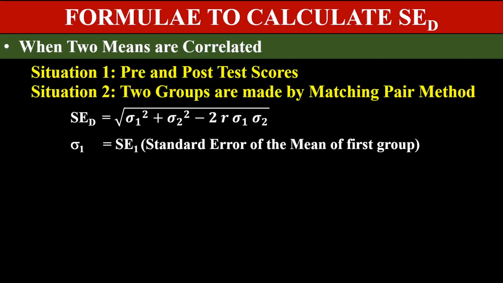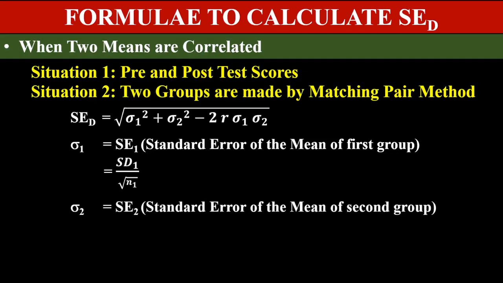SE1 means the standard error of the mean of the first group. That is found by using this formula: SD1 upon root N1. SD1 means the standard deviation of the first group. N1 is the number of observations in the first group. Sigma 2 is SE2, the standard error of the mean of the second group.